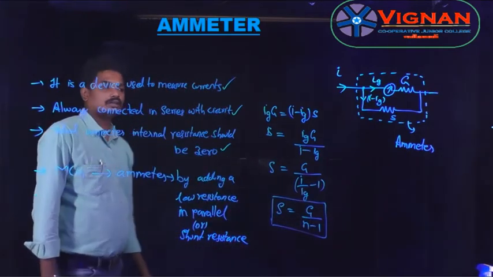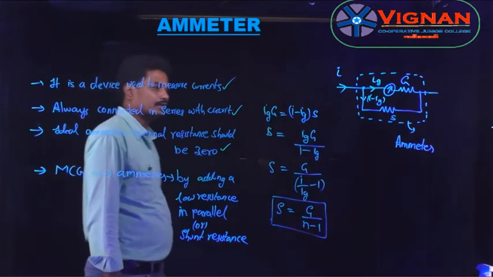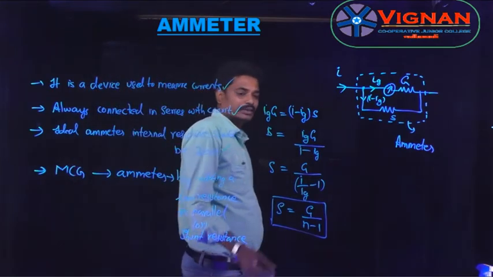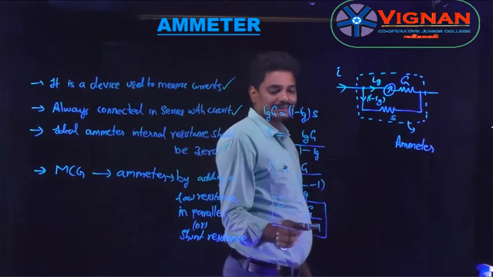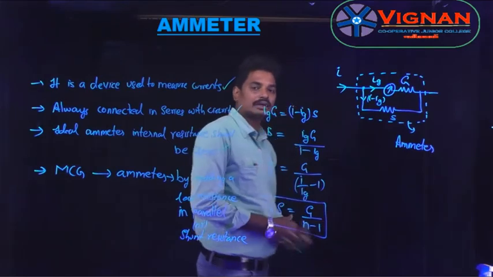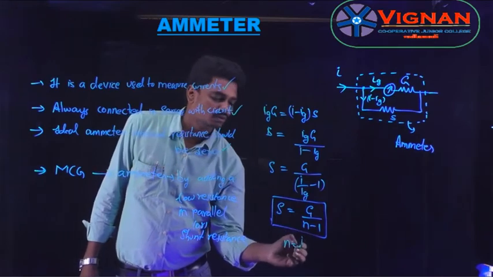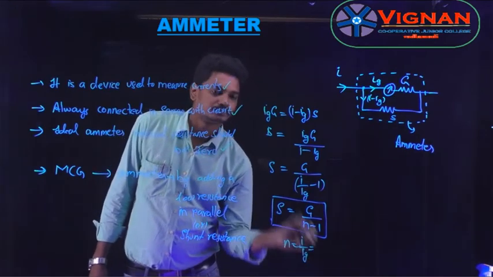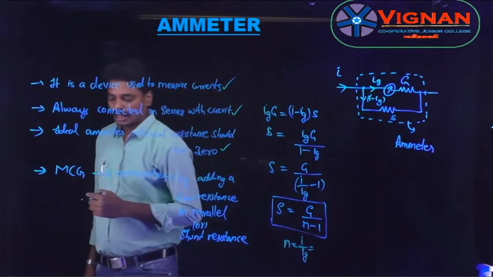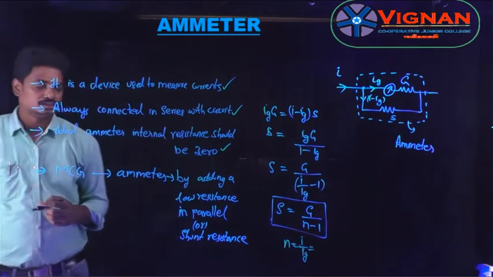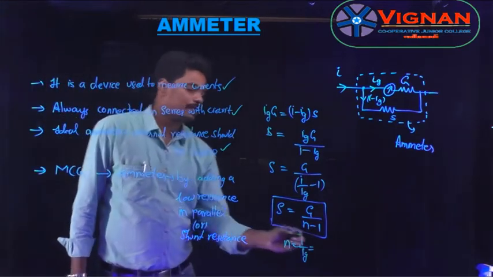The value of the shunt resistance to be connected is given by S is equal to G by N minus 1, where I is the total current flowing. Here N is equal to I by Ig, that is new current divided by old current.